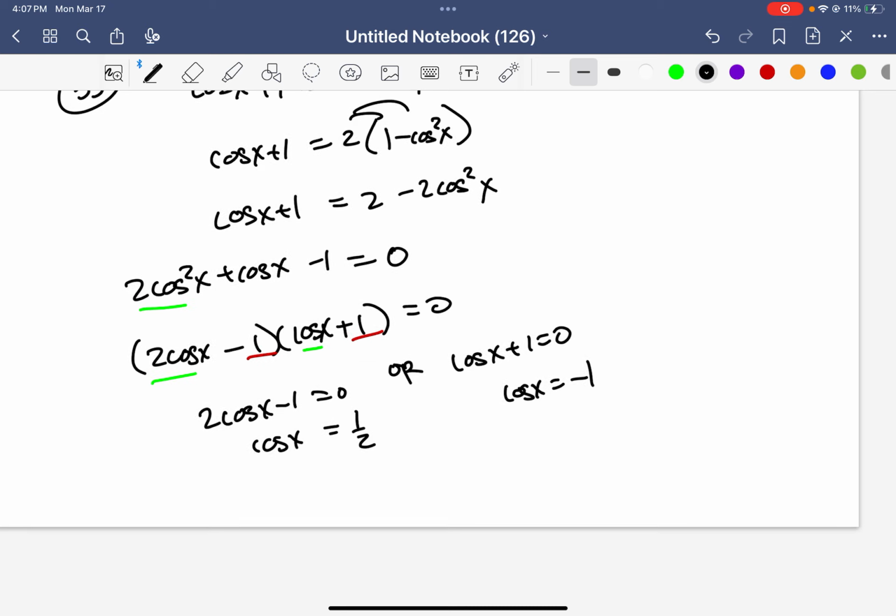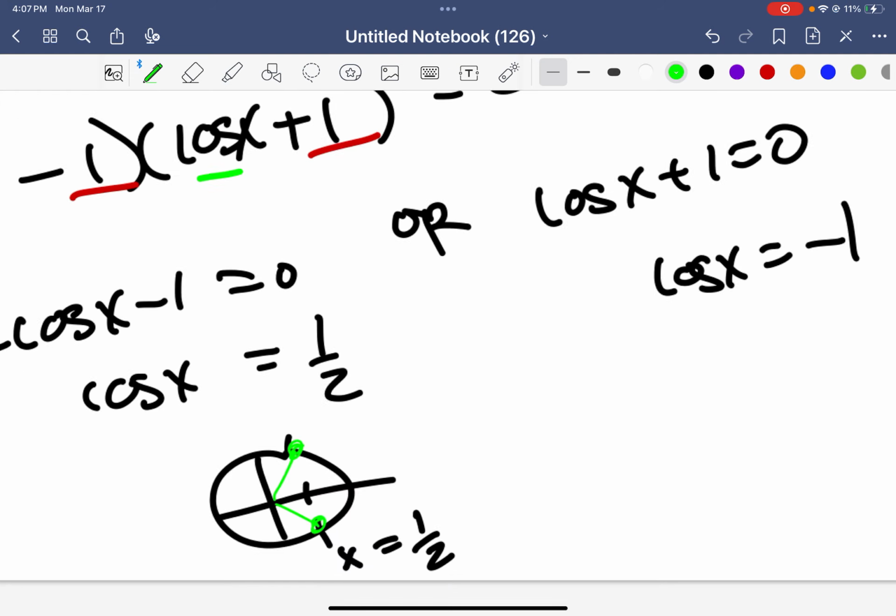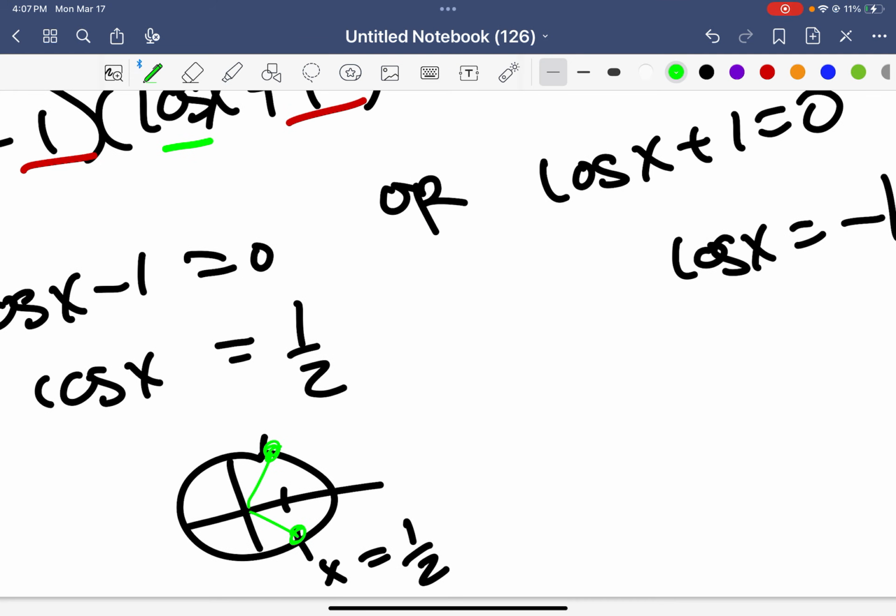Let me find all the points that do that. Draw my picture and say, where is cosine x equal to a positive 1/2? Well, it is either here or here. Those places, cosine's on top. So I guess that's pi over 3, and then this is 6 pi over 3.